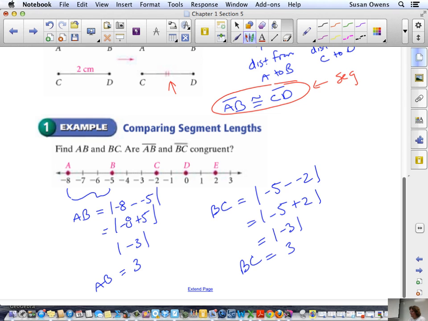So now based on that, I can't go right to congruent. AB equals 3, BC equals 3, the distances are both 3. The next thing I can say is that AB equals BC. Notice, still no segment lines, because they both equal 3, so the distances have to be the same. And then I can say, therefore, AB is congruent to BC.